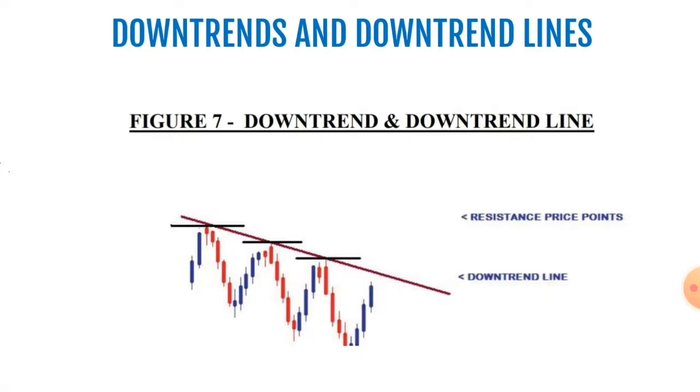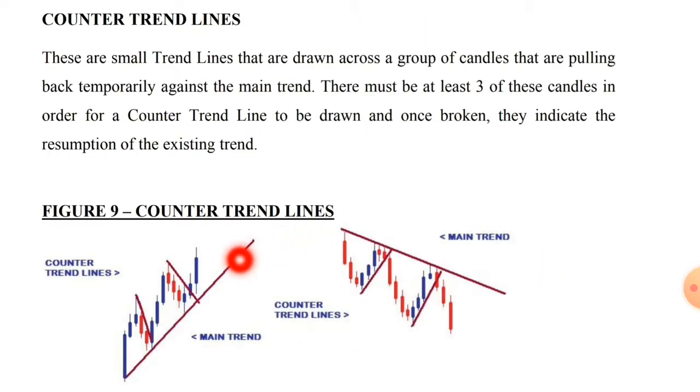Now, there are actually 2 things that can happen when the market is moving within a strong uptrend or downtrend, basically in terms of what takes place when the market pulls back. When the market pulls back in the case of an uptrend, we would draw counter trend lines. It can do one of 2 things.